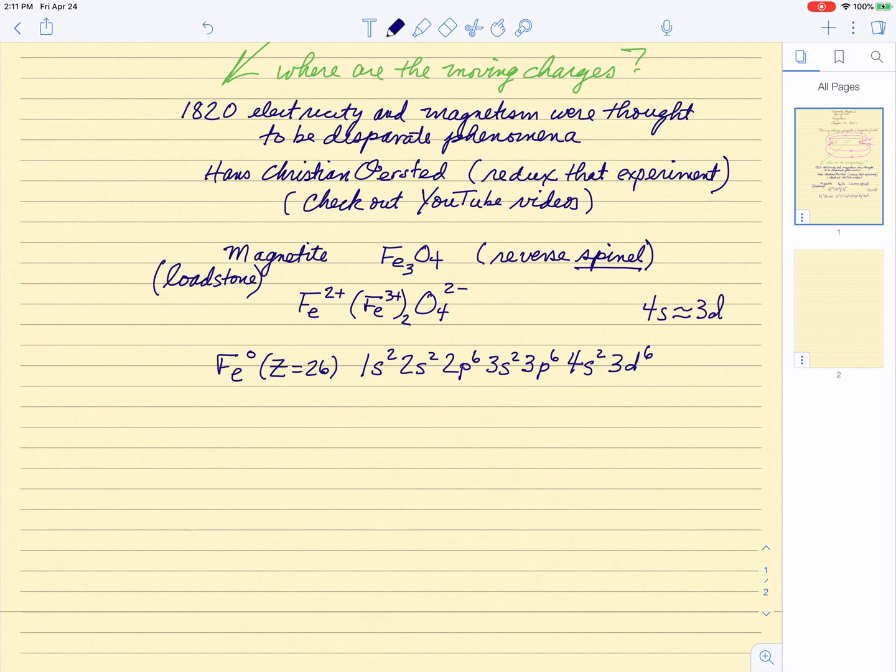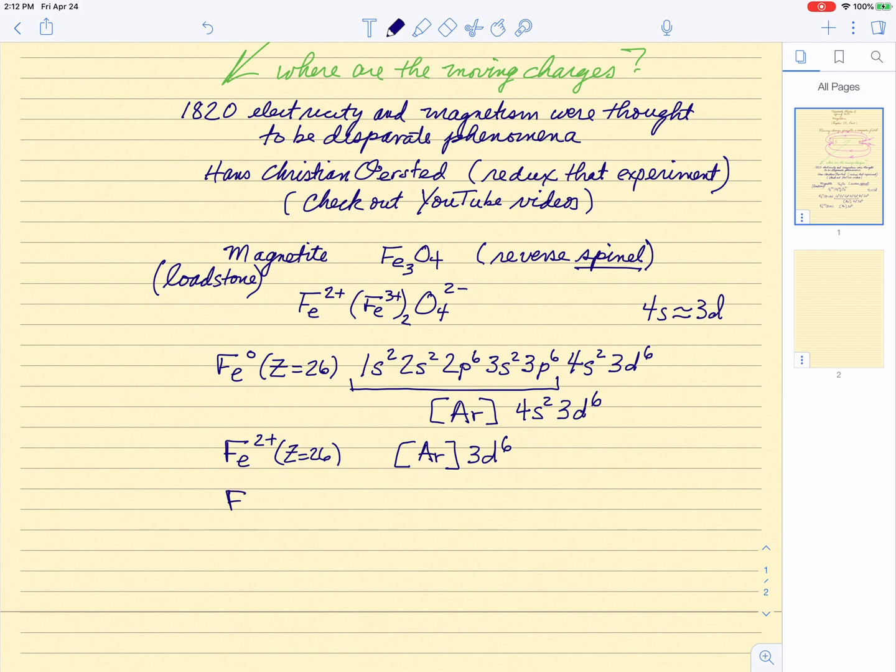Really close in energy. But most chemistry texts will write it as 4s2, 3d6. And so this then is an argon core, 4s2, 3d6. Okay? And if we were to look then at the ferrous ion, then that would be an argon core, and that would be 3d6 because the 4s2 electrons are lost before the 3d6.